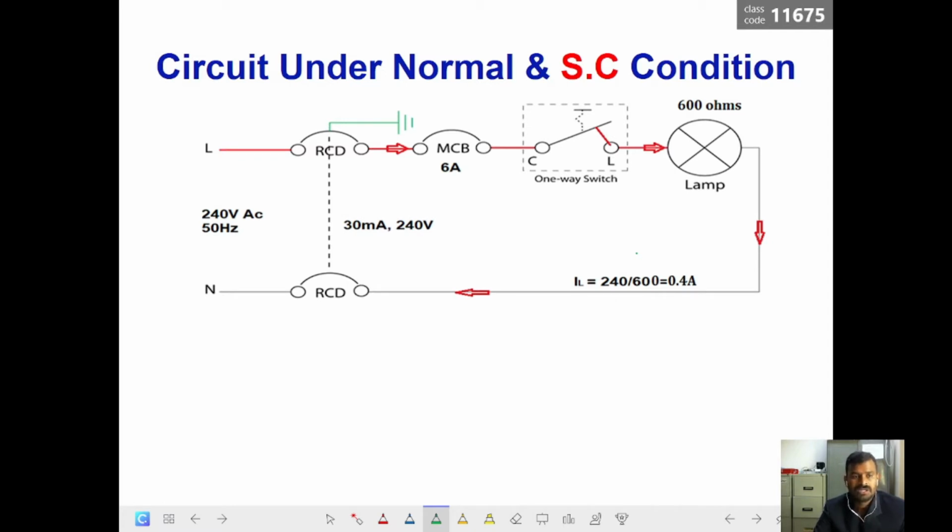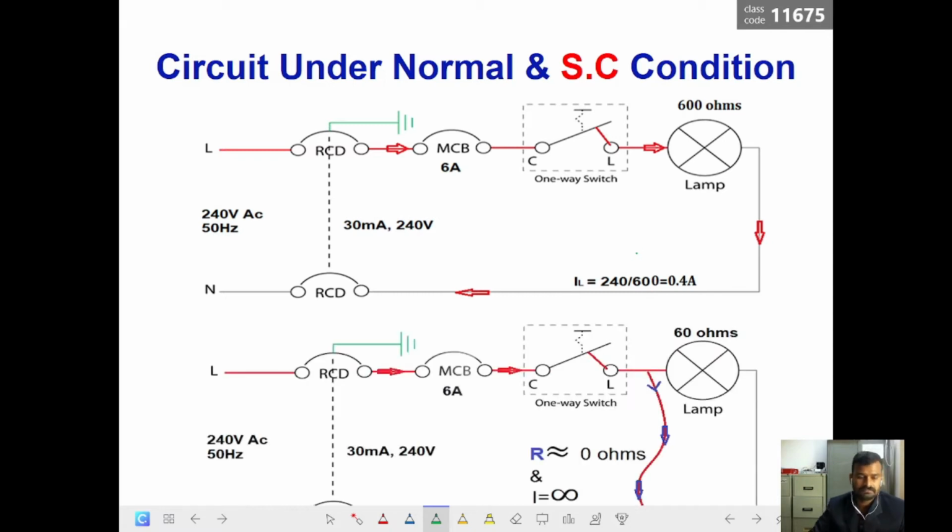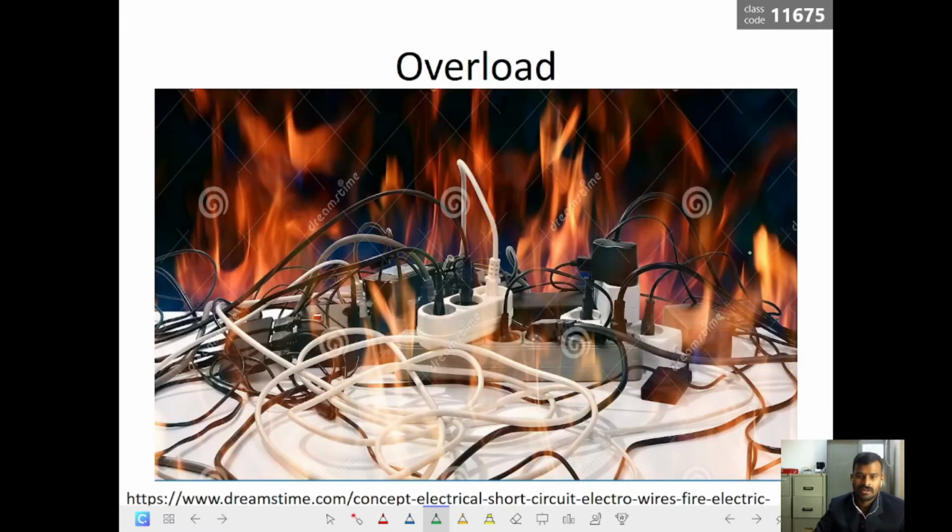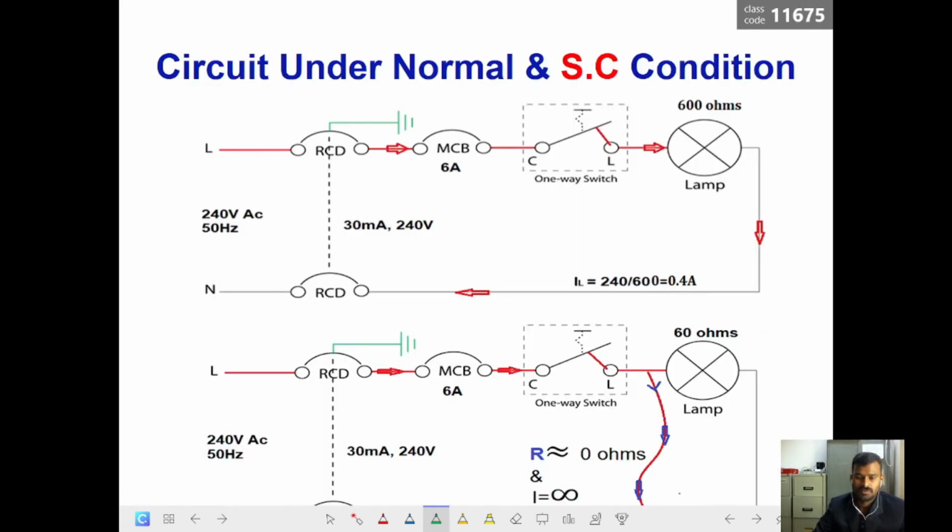Now let us see what happens when a short circuit happens. This is one possibility of the short circuit. Here the line current flows through the RCD, MCB and the switch, and between the switch and the lamp there is a short circuit between the line and neutral.